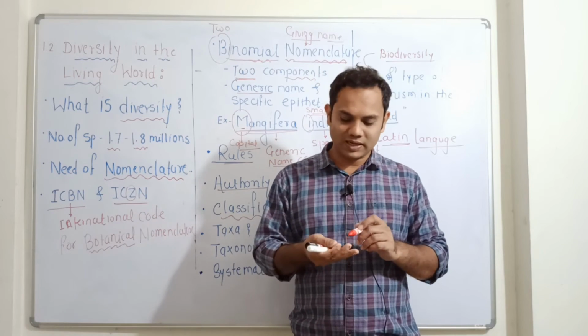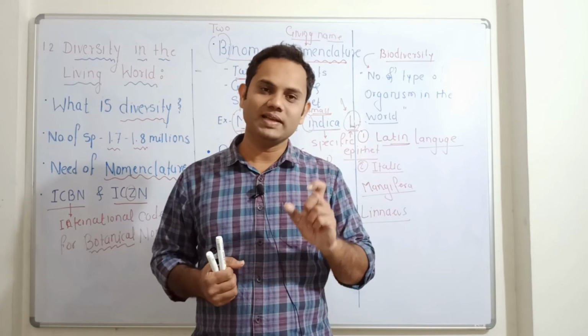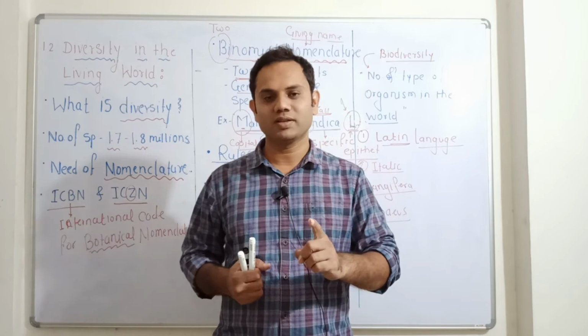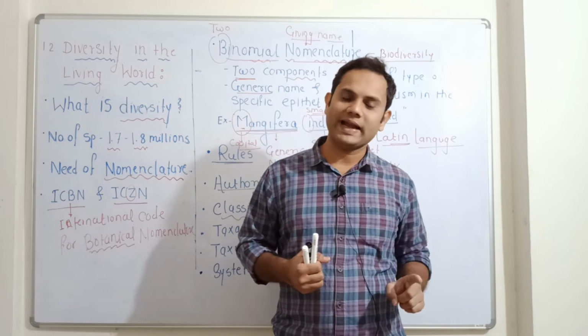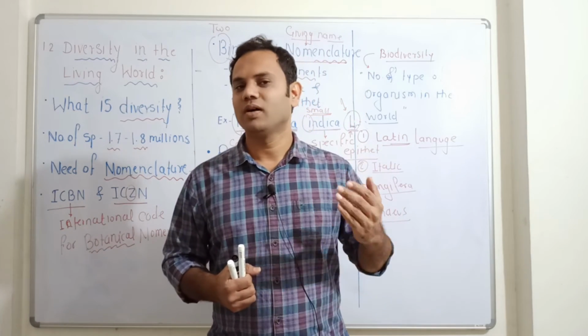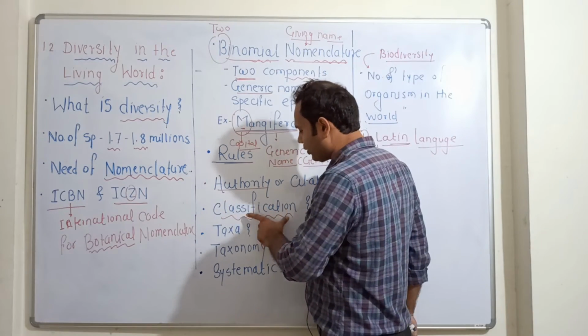This classification makes it very easy to access the books. In the same fashion, until and unless we classify organisms based on their characteristics, it becomes quite difficult to study them, and for that classification is very important.